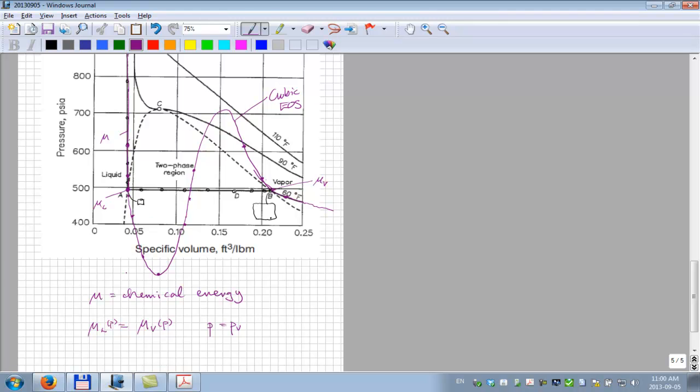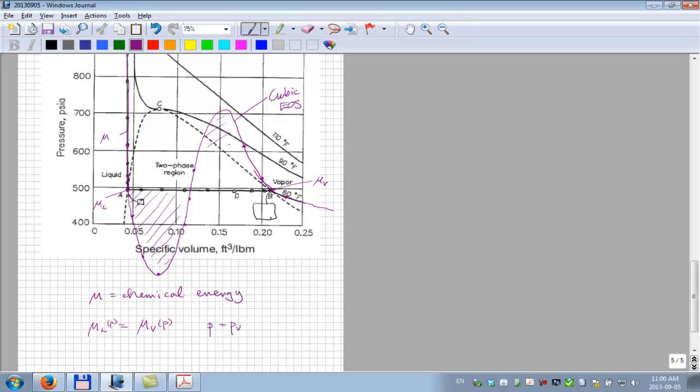And because the energy is given by an integration in volume, what you'll find is that you choose a pressure, and that will split the van der Waals loop into two areas.